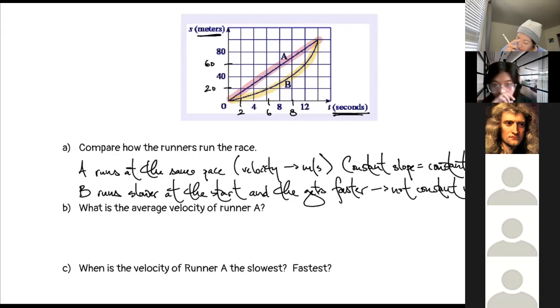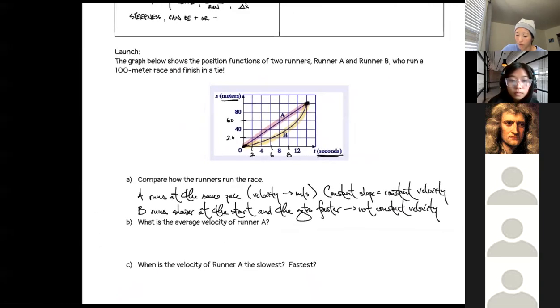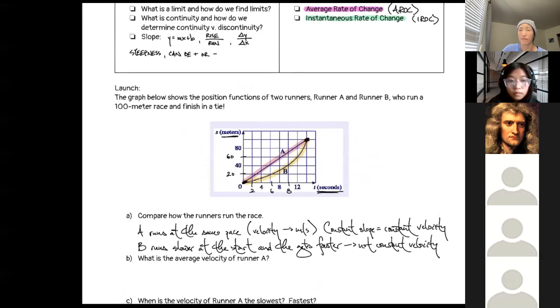Okay, so we know that they finish here, correct? And they start here. And so one thing that I think maybe will be helpful for future problems, even if we don't necessarily need it here, is exactly what Graham is saying. That idea of rise over run, or change in y over change in x, right?